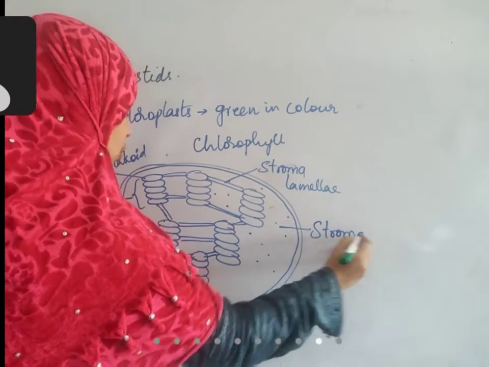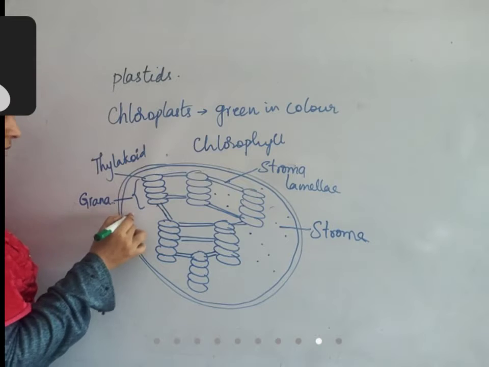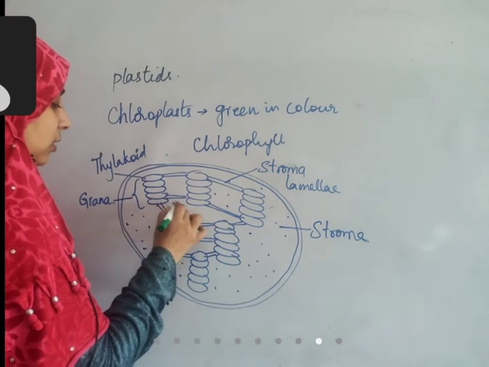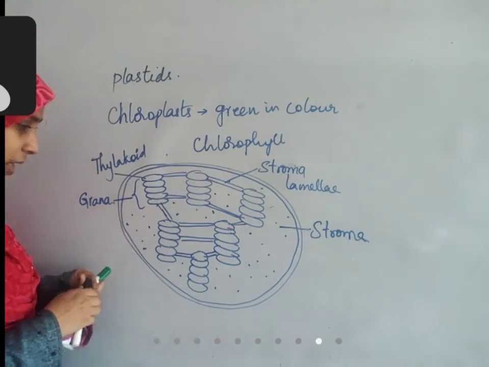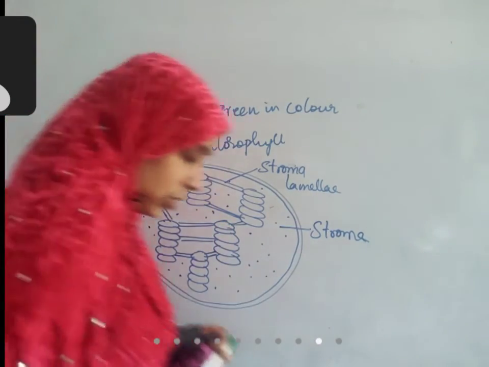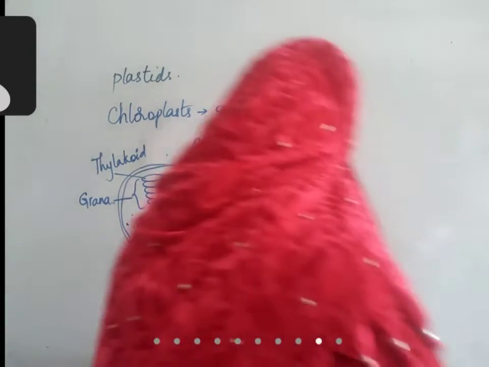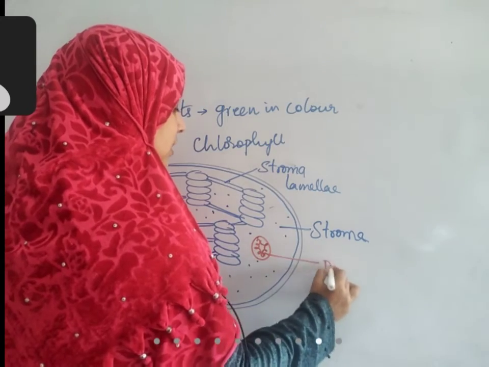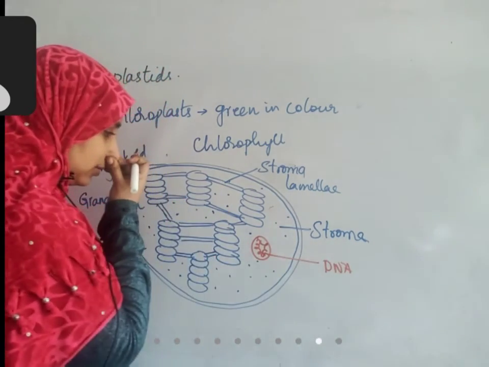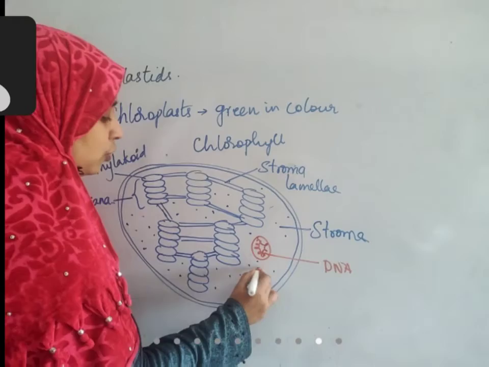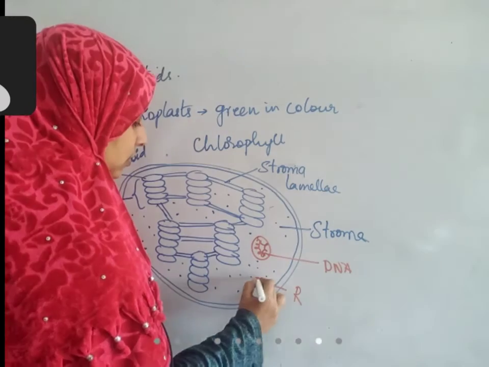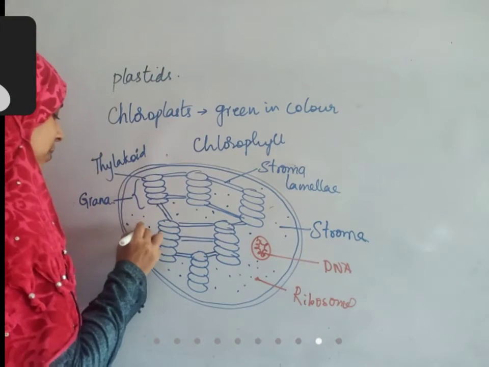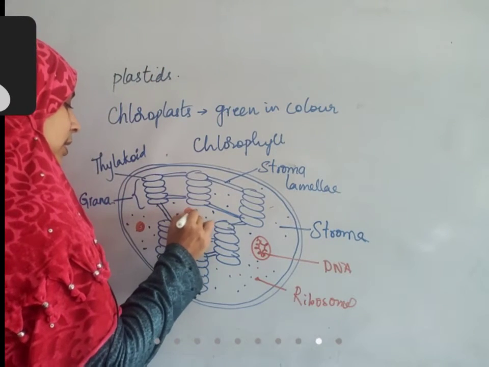The liquid is called stroma and the stack is called grana. Same as mitochondria, inside this chloroplast also, we can see a DNA molecule, circular DNA. Ribosomes are present, and you can see some starch molecules here and there.